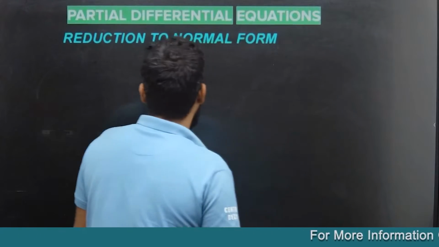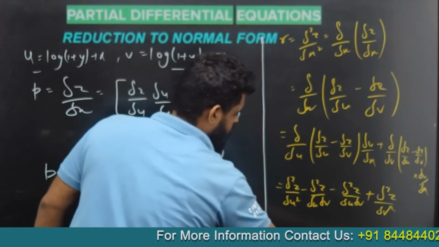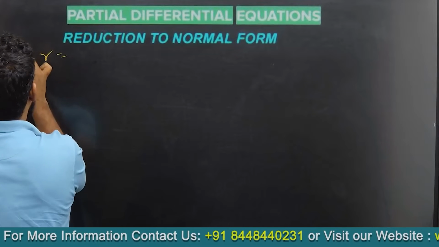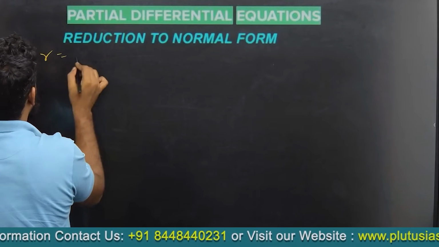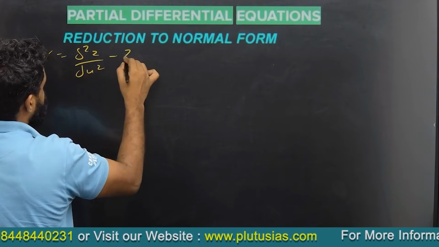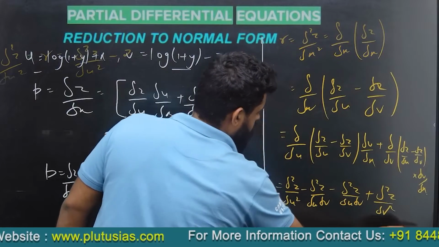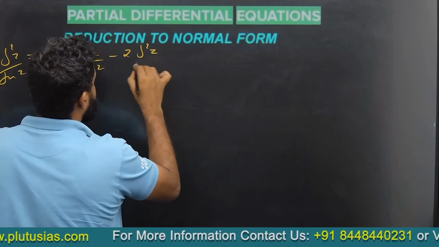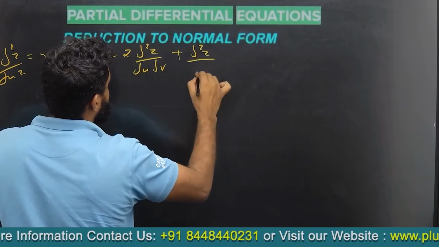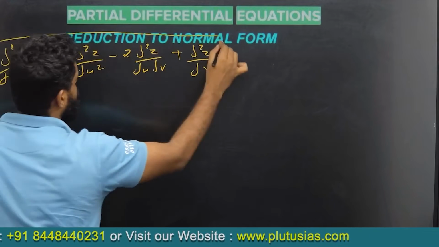So we have the value of r with ourselves, and that is r, delta square z upon delta x square, equal to delta square z upon delta u square minus 2 times delta square z upon delta u delta v plus delta square z upon delta v square. So we got the value of r.